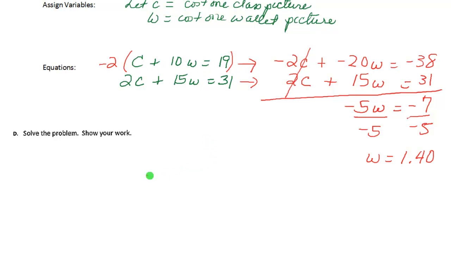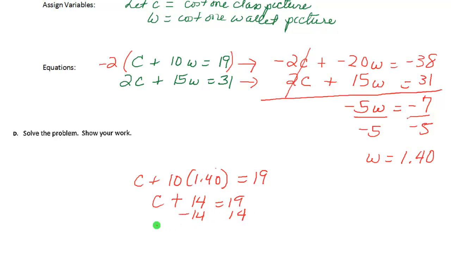So C plus 10 times $1.40 equals 19, and we will solve for C. So this 10 times would be 14, and then subtract 14, and it looks like the cost of the class size picture is $5. It's $5. So let's check our answers here.